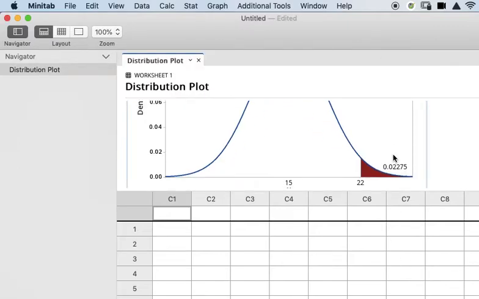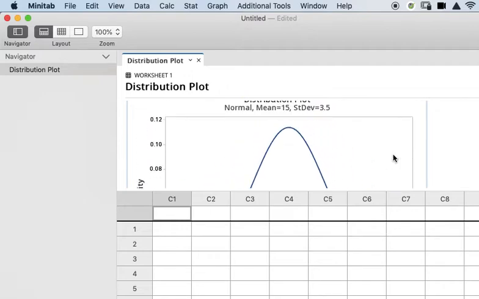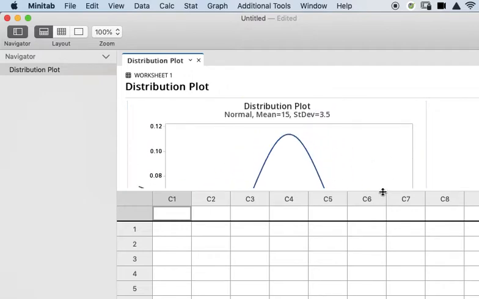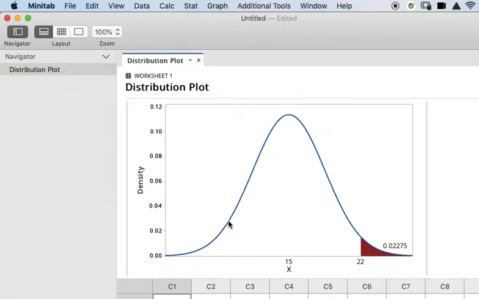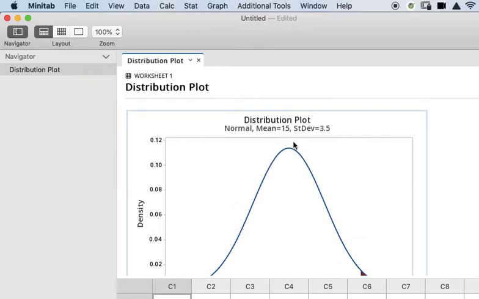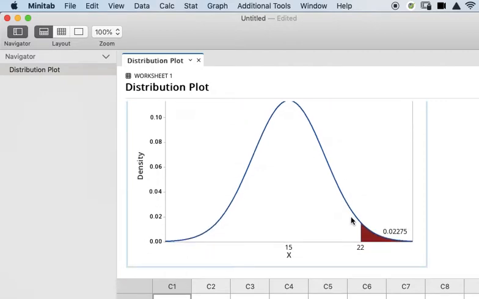Took a little bit of time there, but here's my graph. This graph is a smooth curve, unlike the binomial distribution where it was made of rectangles. And I can always check that I have the correct mean and standard deviation that I was given in my problem at the top. And then looking at the graph, I see that I have shaded everything from 22 and above.